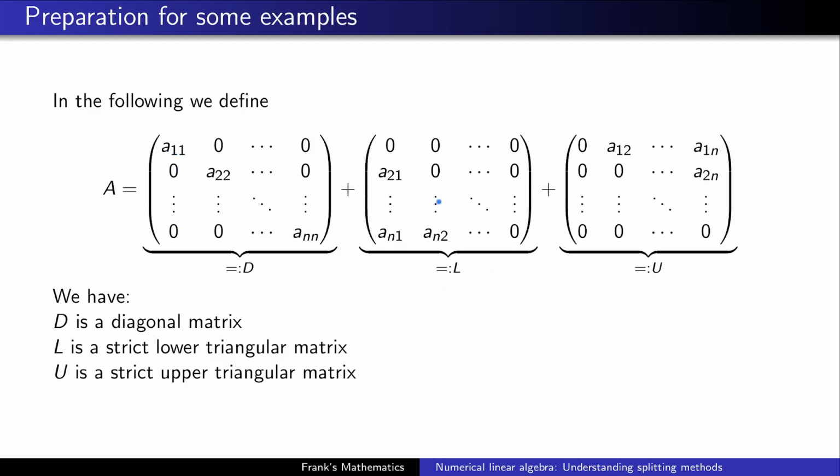It contains all the elements which are below the diagonal. And similarly, U is a strict upper triangular matrix. It contains every element which lies above the diagonal. Keep this splitting, or this reformulation, in mind, because this is very useful for analyzing the next algorithms.